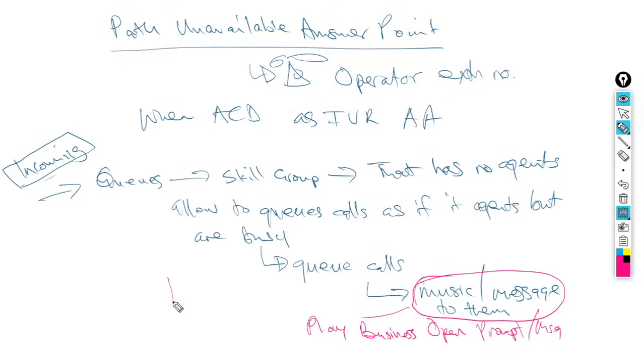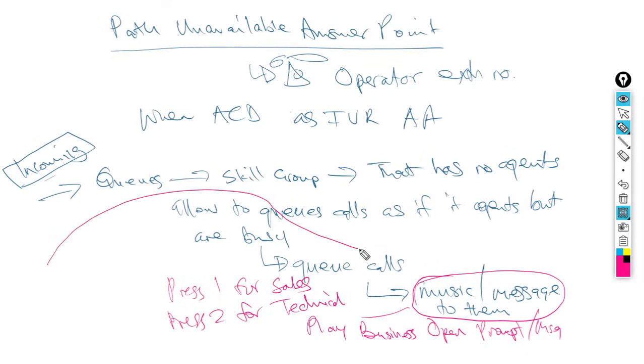Because our message says press 1 for sales or press 2 for technical, it means if a call comes into the queue, it's going to be queued, and once it's queued, this message is going to play, and then the caller is going to hear, and they are going to select whether they want to press 1 or press 2.